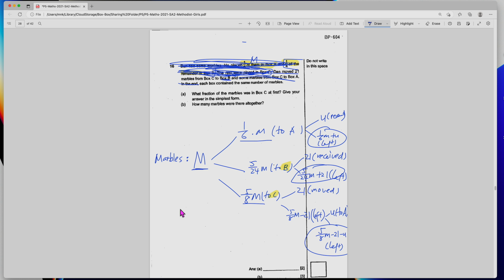So 5 over 24M plus 21, okay, let me see first, the M should be in the middle, is equal to 1 plus U. Okay? This is equal to this. So in a way, 5 over 24M plus 21 is also equal to this one.